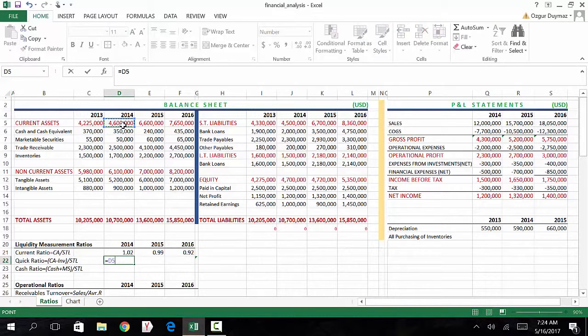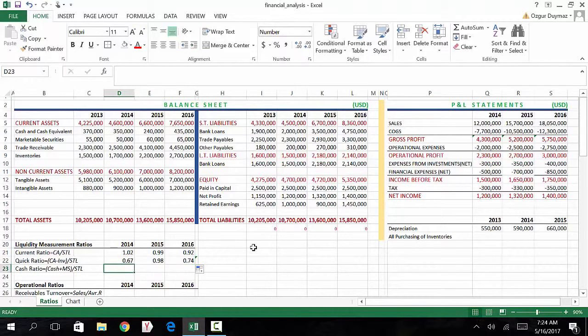Total current assets minus inventory divided by short-term liabilities. This ratio should be at least 1, but still it's under 1.